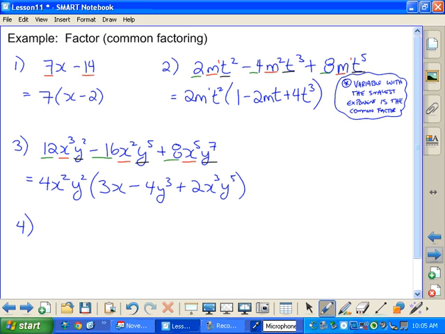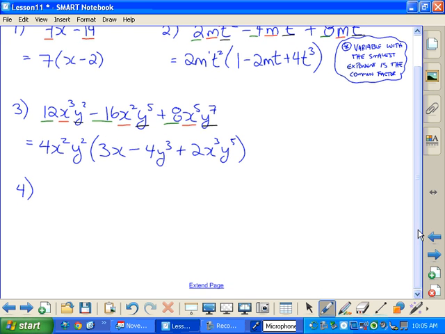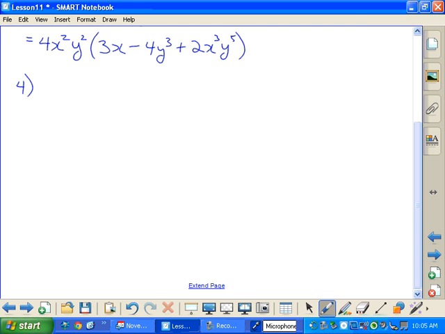Last one I want to show you, this is the more difficult one. This will be kind of the newer one for most people here. If I give you, for example, 3x times 2x plus 1 minus 5x times 2x plus 1. So you're thinking to yourself, well, there's already brackets here, so shouldn't this already be factored?